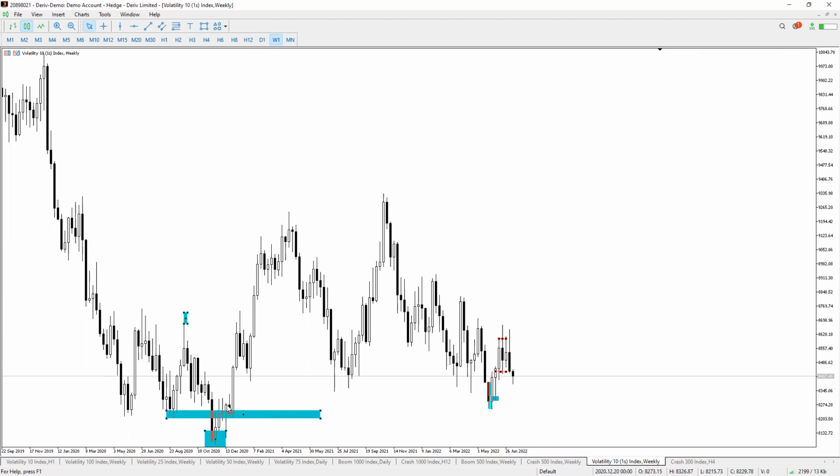Opposite the Quasimodo, there's a base. You can see a rally, base, rally here. So the market, opposite, rally, base, rally. Now the base becomes our entry, even though we mark the Quasimodo. So we have the base here. Now we need further confirmation.